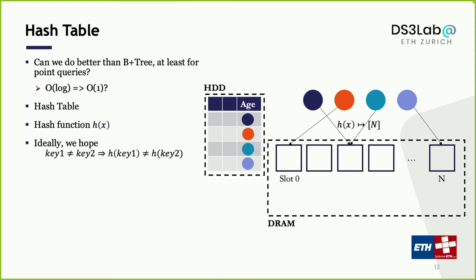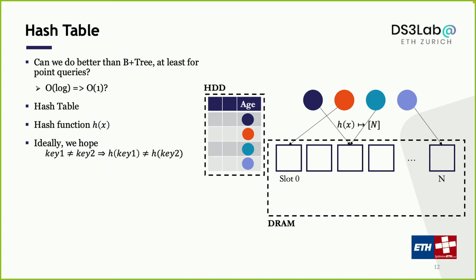Ideally, for each key, if key 1 doesn't equal key 2, we want to make sure that applying the hash function to key 1 gives something different from applying it to key 2.